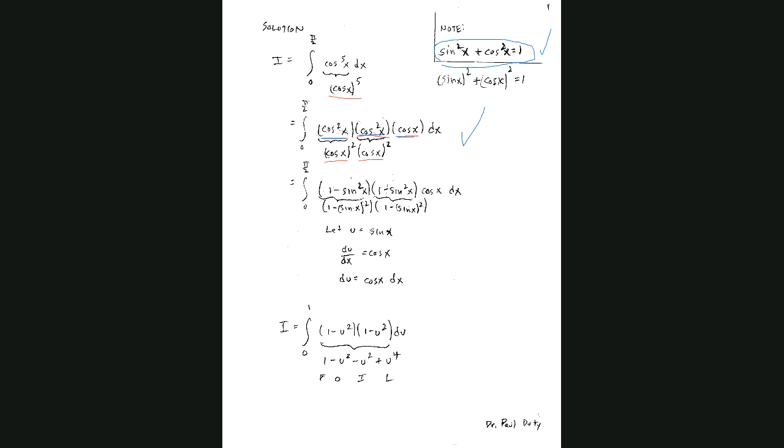So I'm going to replace the cosine squared of x terms with 1 minus sine squared of x. So I'm rewriting the integral, rewriting this trigonometric integral in a special way.